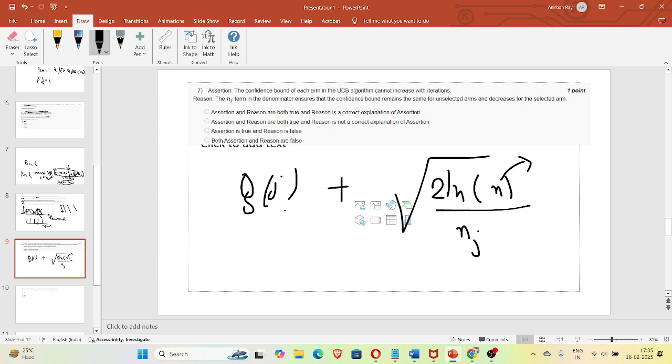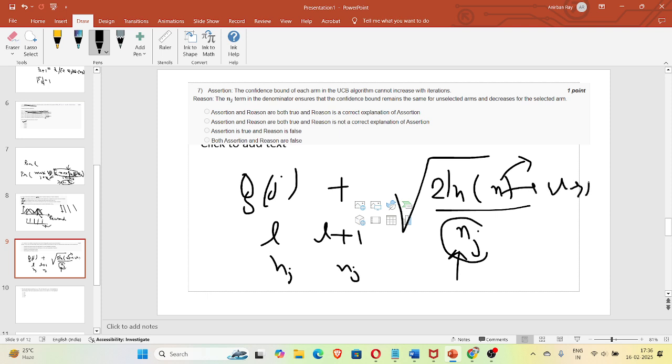The arms which are not selected, for them this one will not increase, right? Because at step L, n_j, and at step L plus 1, because they are not selected, this is still n_j. So this is not increasing, but this has increased from L to L plus 1.